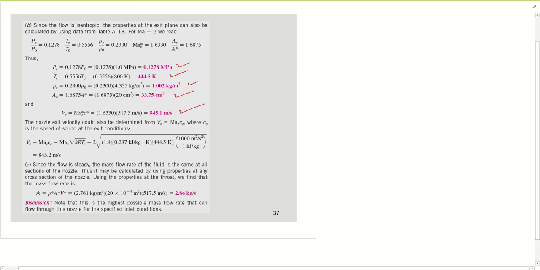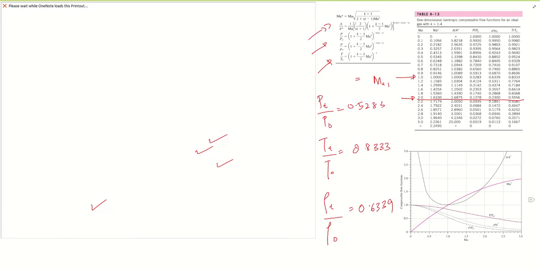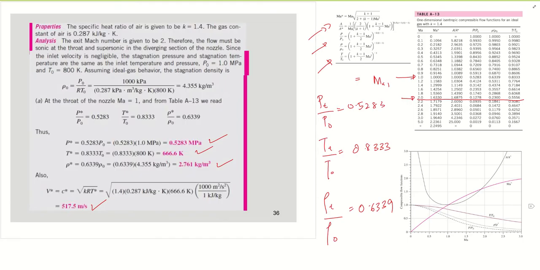For this example, the mass flow rate at the throat condition, rho star A star V star, equals 2.86 kilograms per second. The flow is steady, so the mass flow rate at any location is equal. That is the isentropic flow for a converging-diverging nozzle.